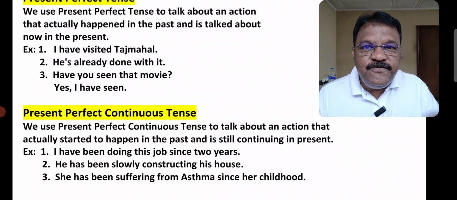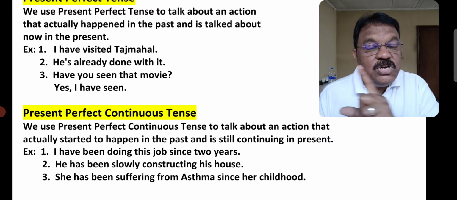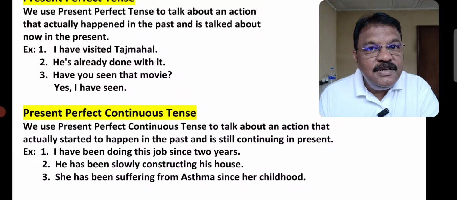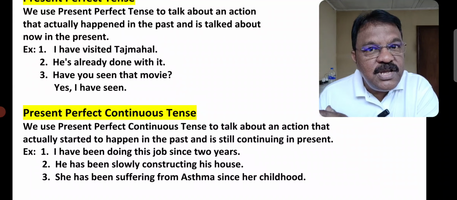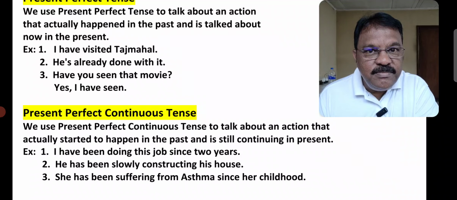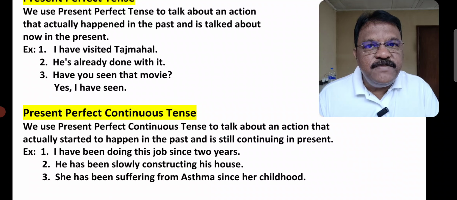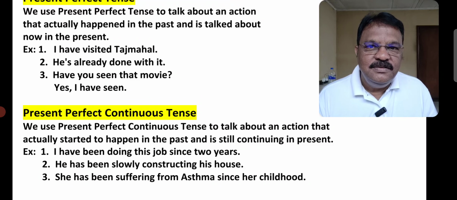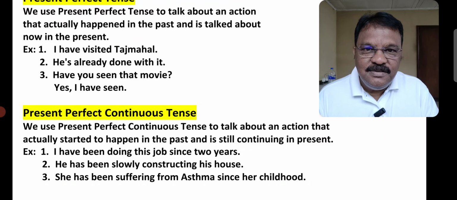The suffering from asthma started to happen when she was a child. From that time till now, she is suffering from asthma. Do you understand? That's what we mean by using present perfect continuous tense.